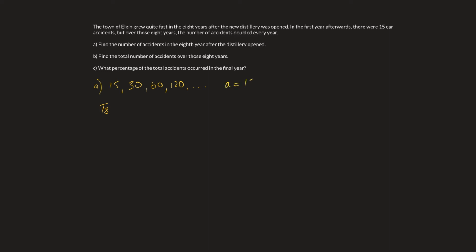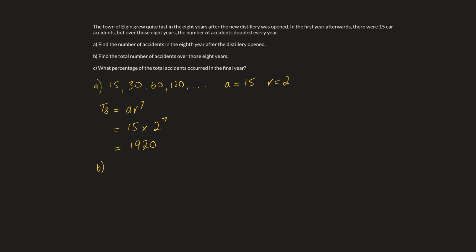So A is 15 and R equals 2. So therefore T8 is going to be AR to the power of 7. So 15 multiplied by 2 to the power of 7, that's going to work out to be 1,920 accidents in the 8th year.